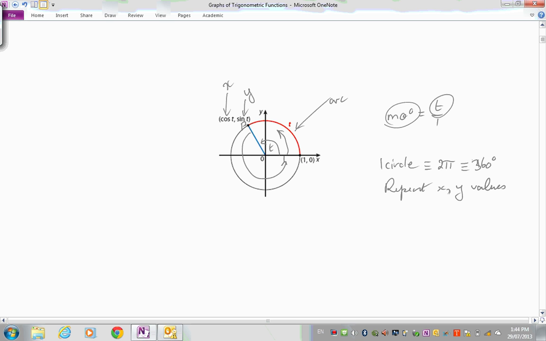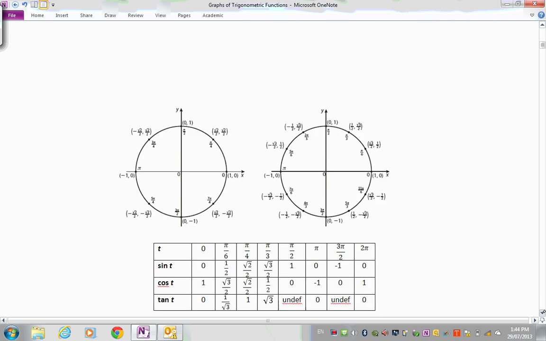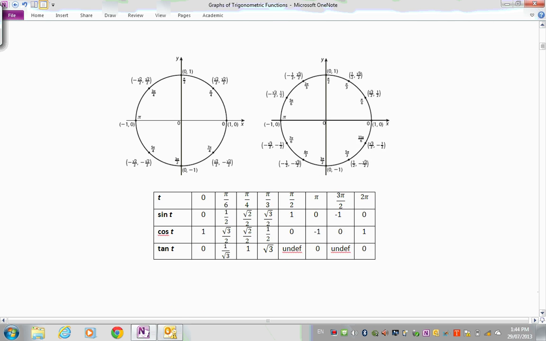We're going to start to repeat them. And so this is going to give rise to a graph which is going to repeat itself, or when something repeats itself in exactly the same way over and over again, it's said to be periodic. So we're going to look at that. Okay, let's come on down and have a look at what we're supposed to know so far.